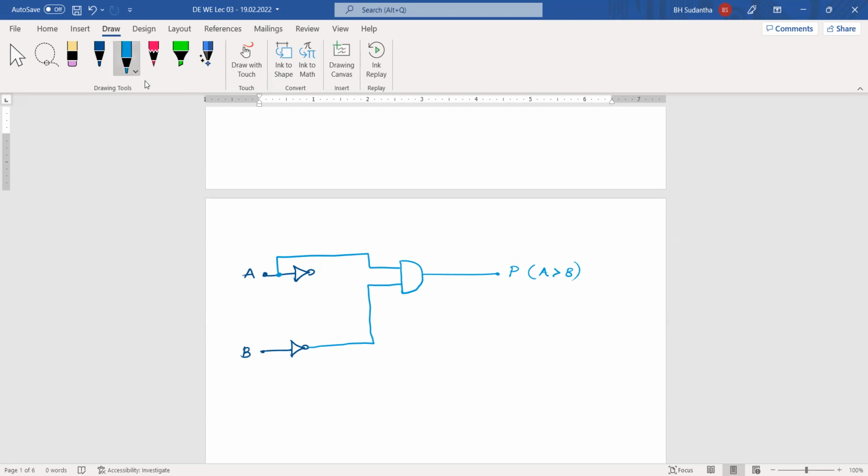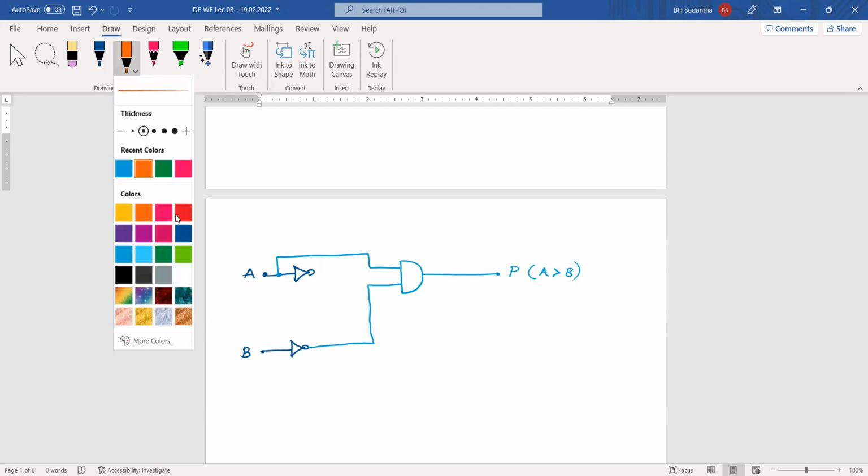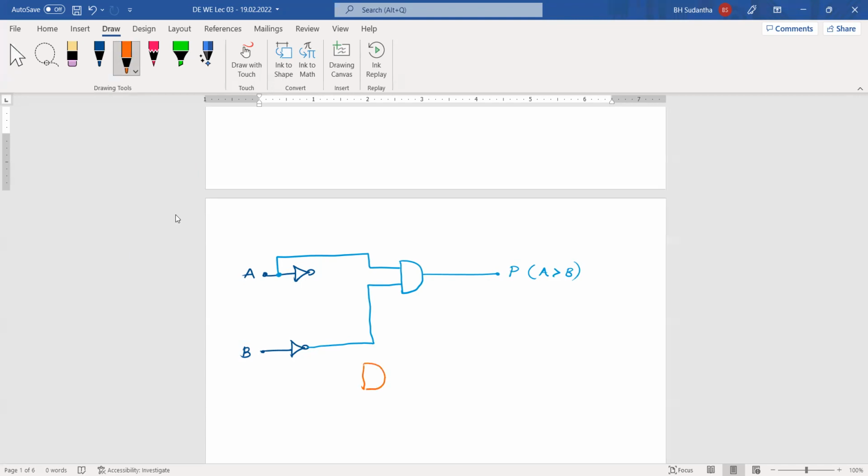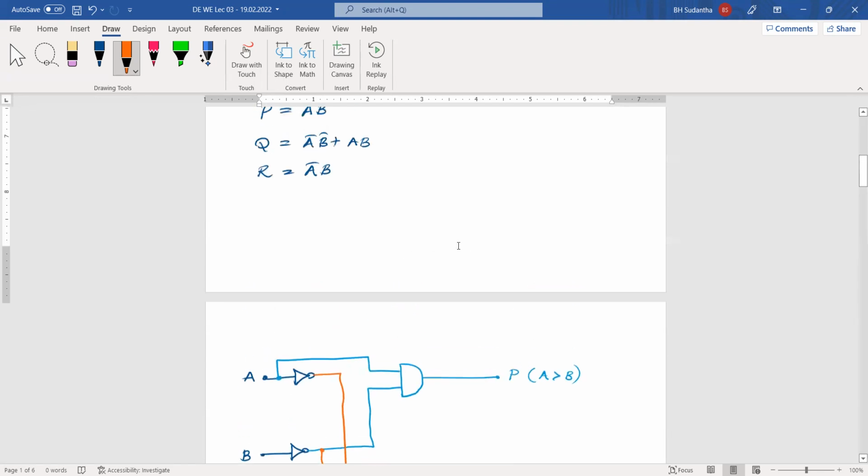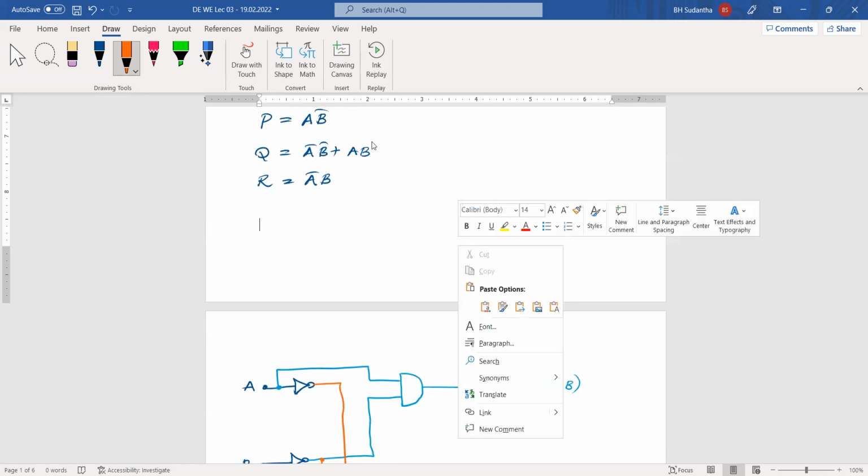Okay. Next one, we have two terms there. First one, A bar, B bar. Second term AB. You can see this one. First one A bar, B bar.